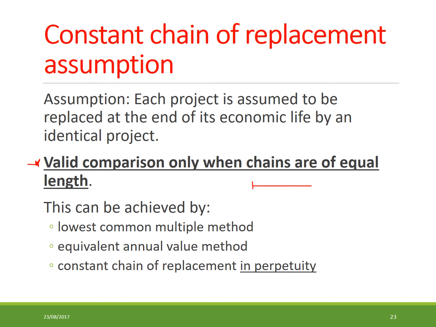So if we have a 3 year project like we had before and a 5-year project, we can only compare these 2 projects if they have the same length, right? So what can we do? We can assume that the first project is continued for 2 more times. Sorry, for 5 more times.